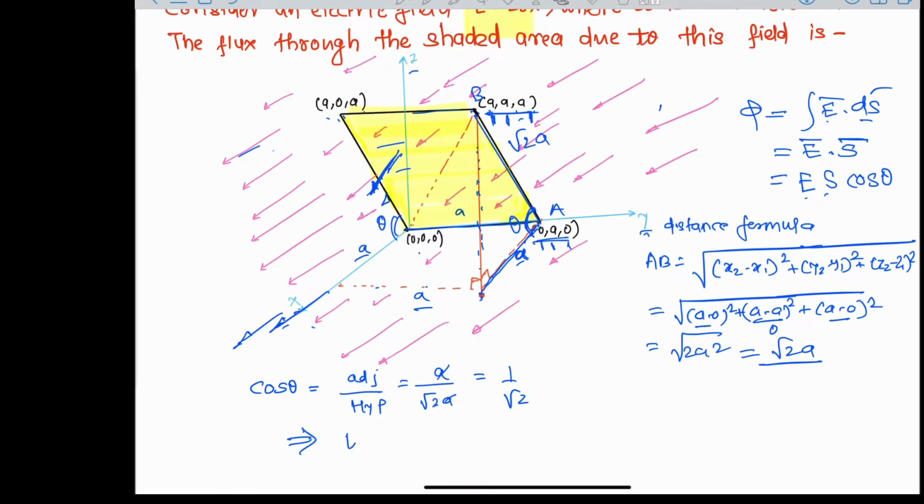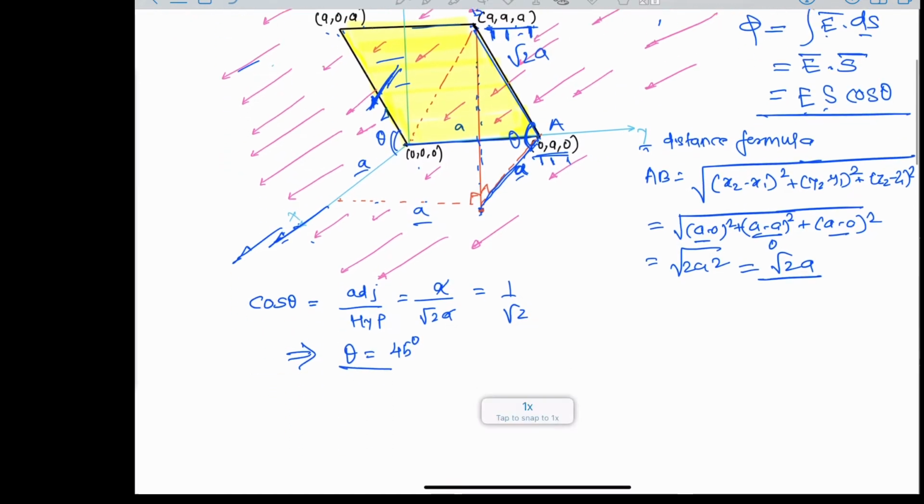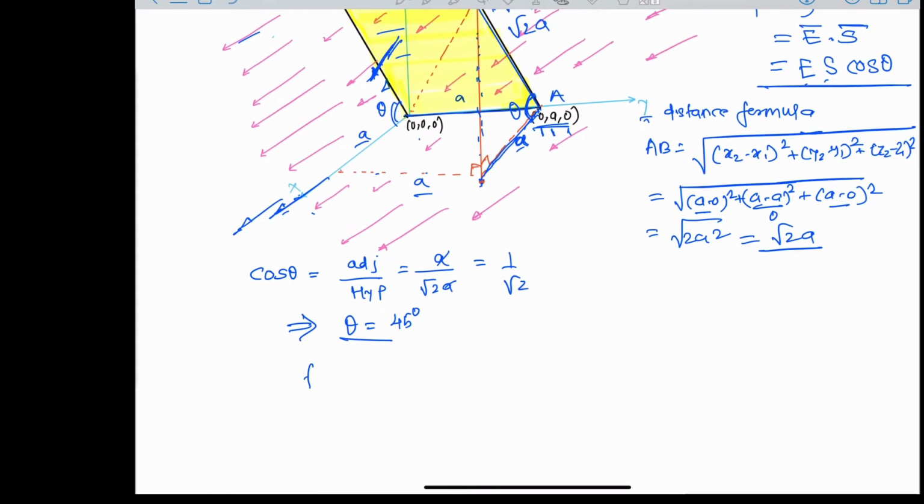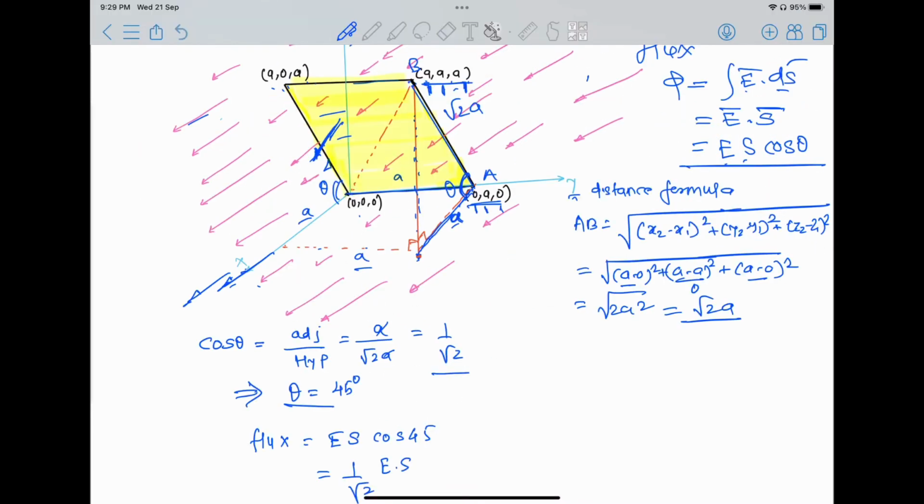For an acute angle, this implies theta is equal to 45 degrees. So for our formula for flux, we will have flux is equal to E S cos 45, which is 1 upon root 2. So 1 upon root 2 E S.